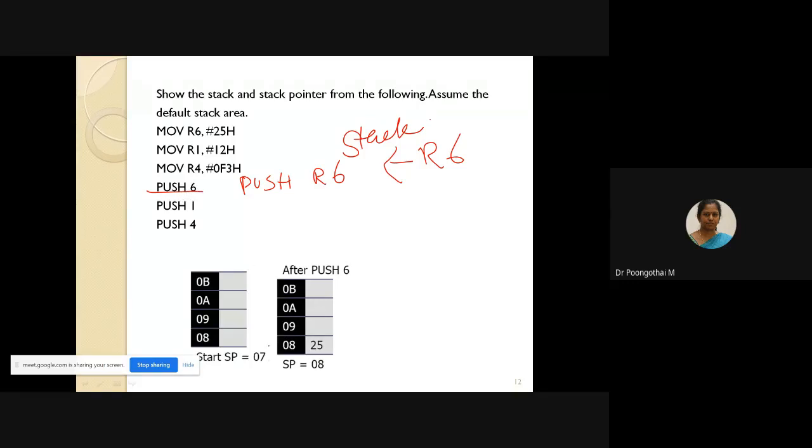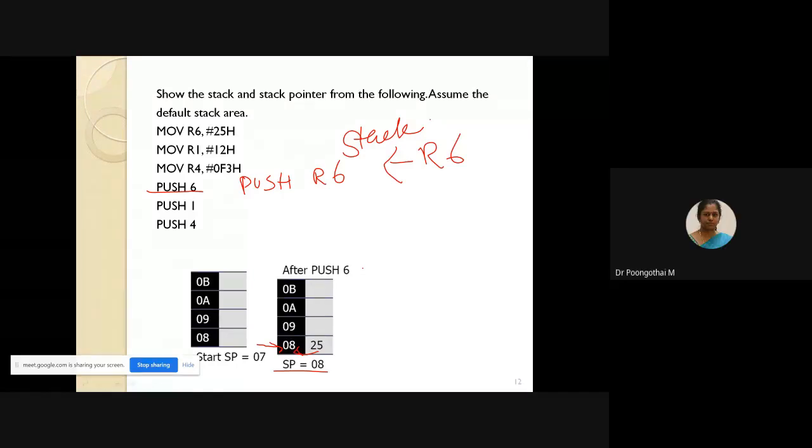Now the stack pointer is pointing to this value, so 25 is pushed into 08. After push 6 instruction, so after push 1, what will be the content? Now your stack pointer is pointing to 08. It will point to 09.